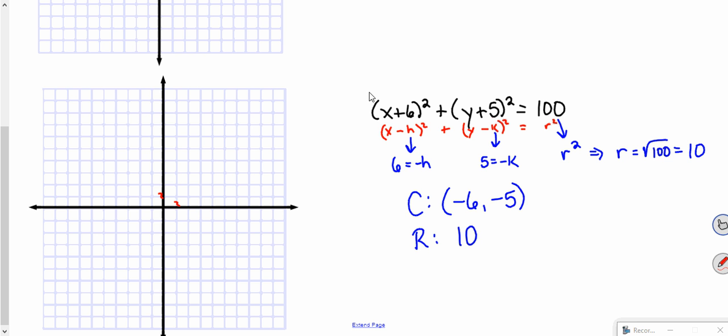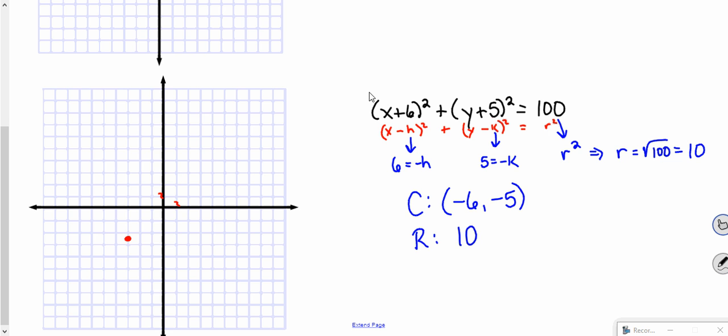Now my center is (-6, -5). So 2, 4, 6 to the left, 2, 4, 5 down. So this right here would be my center, if I'm counting by 2's. Then a radius of 10. So once again, I like to measure up, down, left, and right in all 4 directions.